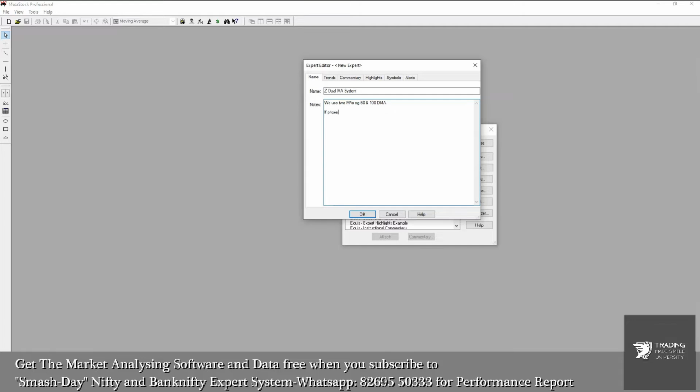If prices close above both moving averages, it's a buy signal. If prices close below both moving averages, it's a sell signal. These are just notes for yourself. These are not the actual coding.